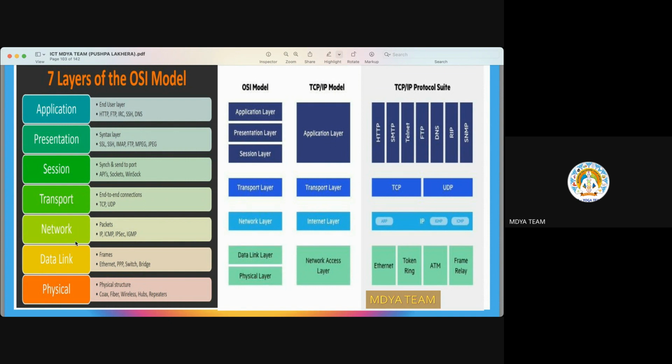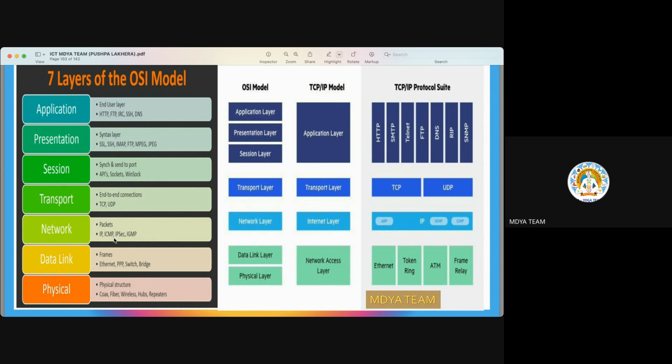Then the network layer gives access to the internet, for example IP. You have a certain address to connect to a different device or system.